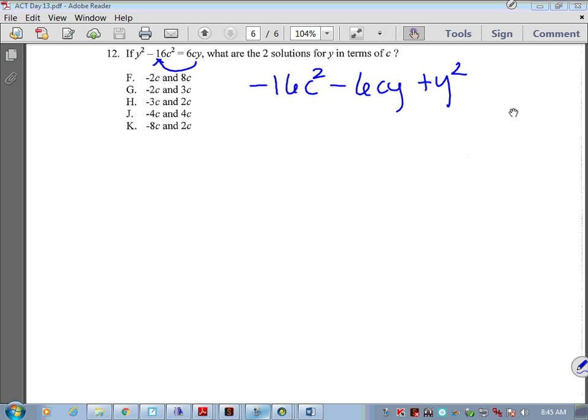From here we want to factor this down. Now, I can't factor anything out of that as is unless I factor out a -1, so that I'm dealing with a positive 16c squared. Let's factor out a -1. That's going to give me 16c squared plus 6cy minus y squared.